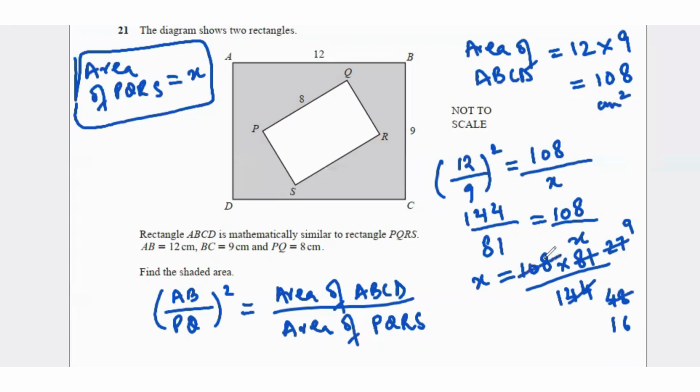So 108 divided by 4 would be 27, and that's going to be 4. 27 times 9 would be 243, and 243 divided by 4 is coming out as X. So divide 243 by 4, that is going to give us 60.75.